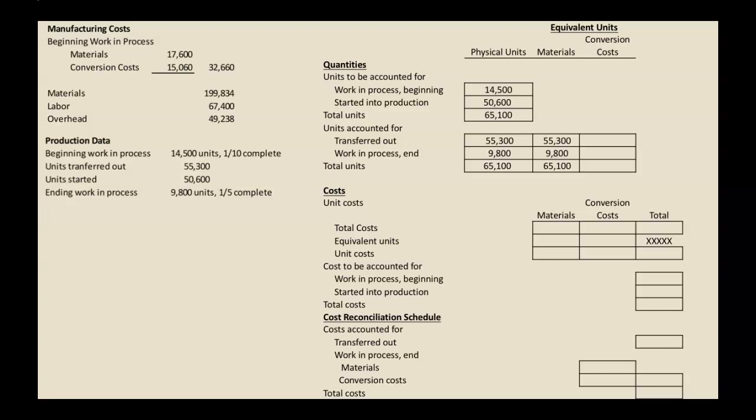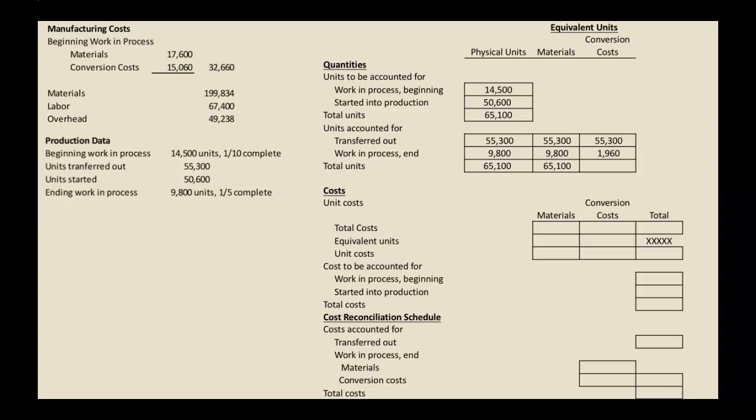Now for conversion costs. Conversion costs are your labor and overhead costs. So your units transferred out, it's 55,300. Since we've completed those units fully, they are fully completed for both materials and for conversion costs. Now our ending work in process, this is where we take the 1/5 of our 9,800.